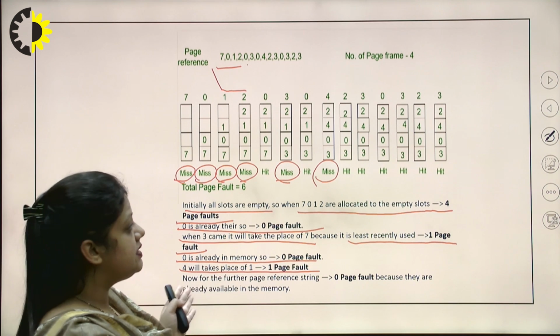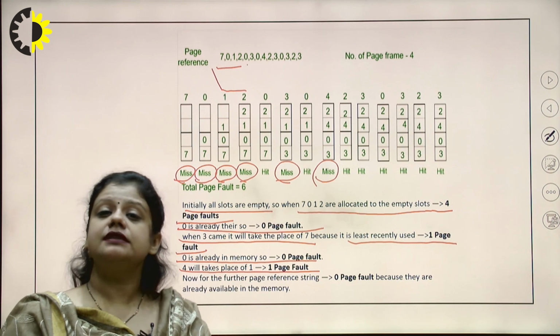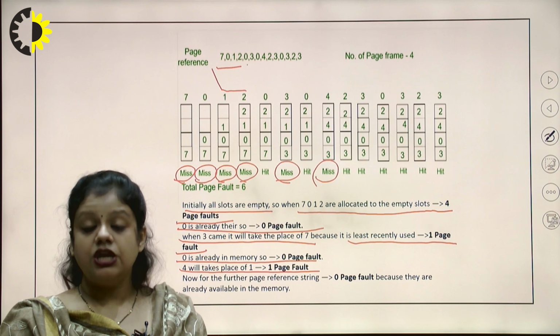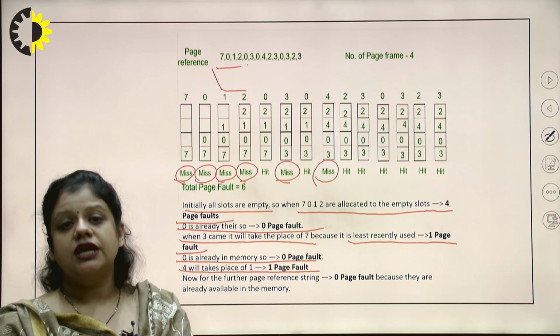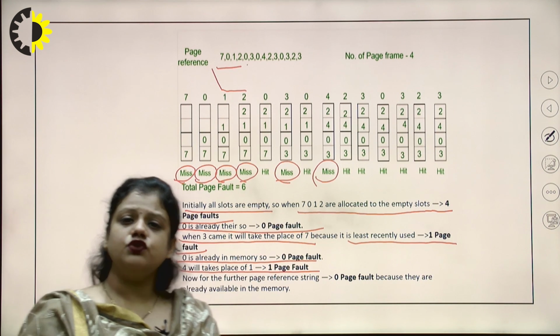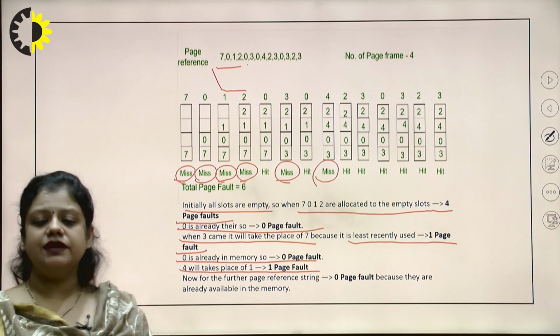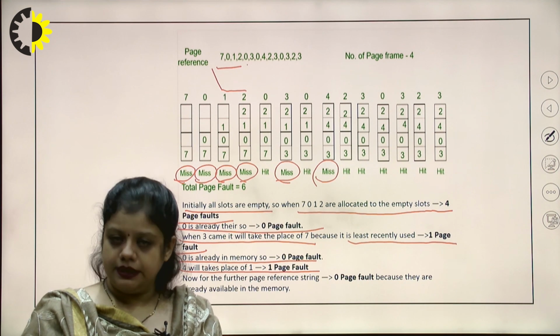And in least recently used, we replace the page which is least recently used. Out of these 3 replacement algorithms, there was Belady's anomaly in first in, first out, the unusual behavior that even on increasing the number of frames, the page faults were increasing.